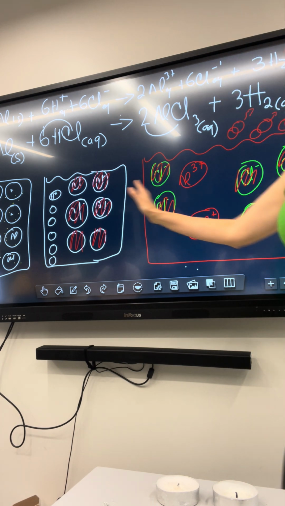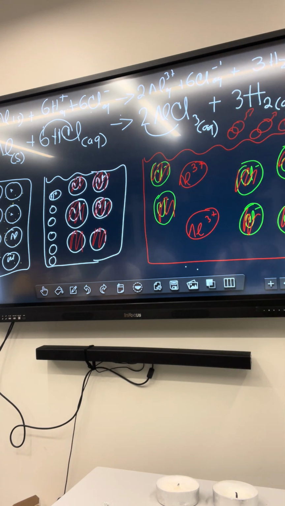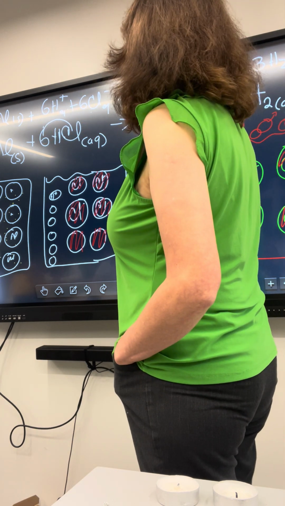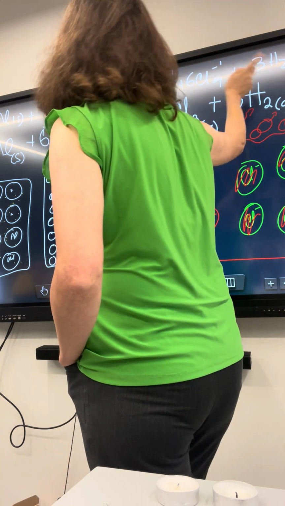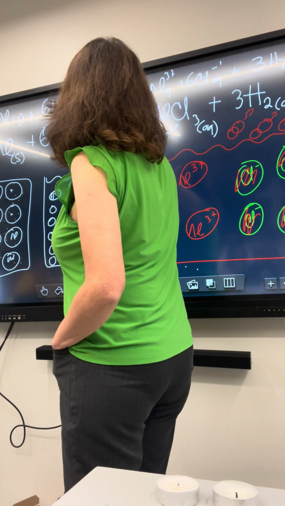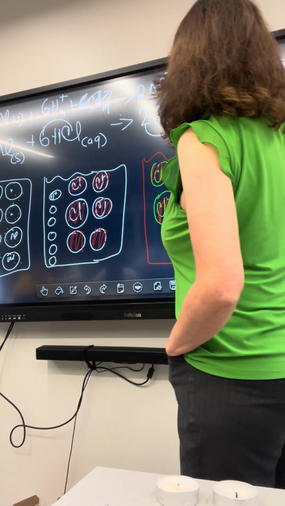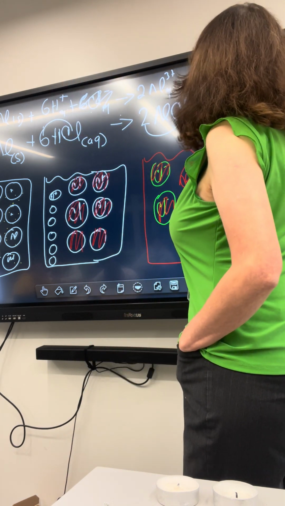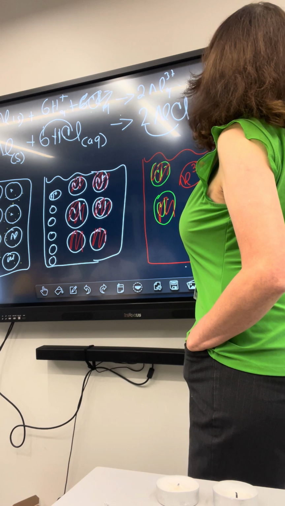Either by doing the sketch, which you will not always do, or by looking at the equation, which you may do more often, you are going to see that the aluminum went from solid to aqueous, the hydrogen went into a gas, the chloride was 6 chlorides and 6 chloride aqueous. It didn't do squat. So those are your spectator ions.